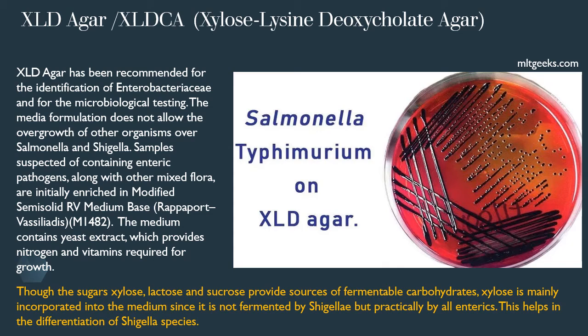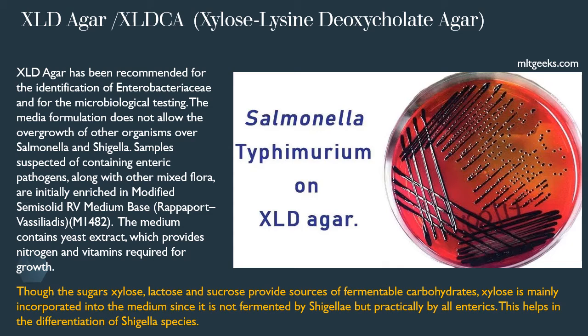Samples suspected of containing enteric pathogens like Salmonella and Shigella, along with other mixed flora, are initially enriched in modified semi-solid RV medium base. RV medium is Rappaport-Vassiliadis. Many times liquid media or small vials of RV media are used for initial enrichment of the sample.